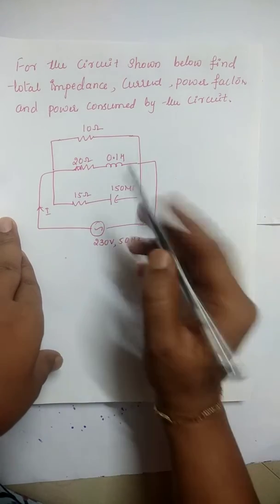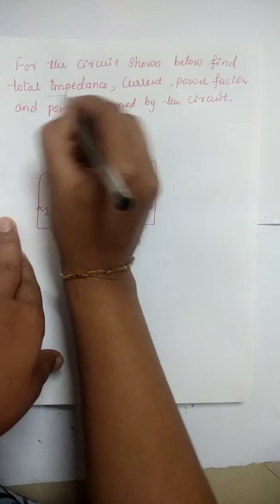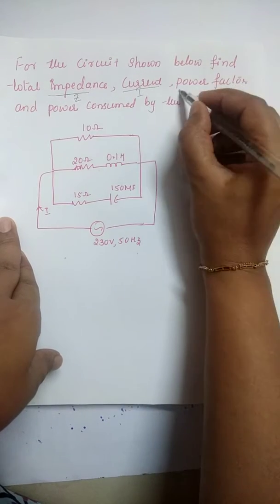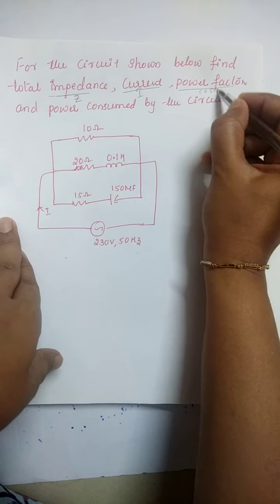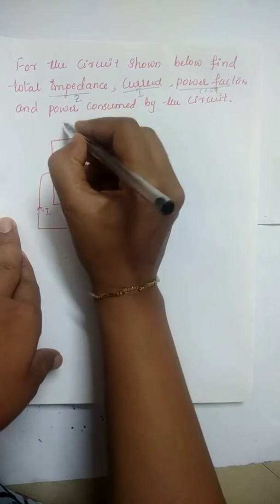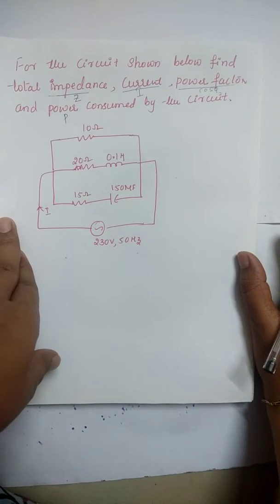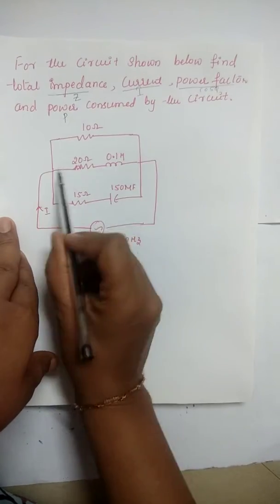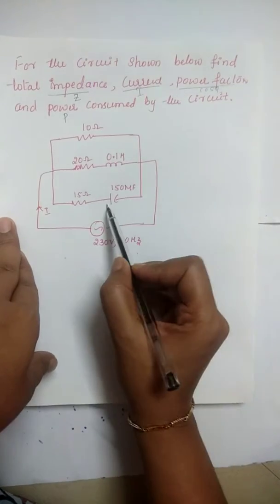Okay, so what they have asked us to calculate: impedance, that is Z, current I, power factor cos phi, and power consumed, P, by the circuit. Observe, this circuit consists of three branches which are connected in parallel.